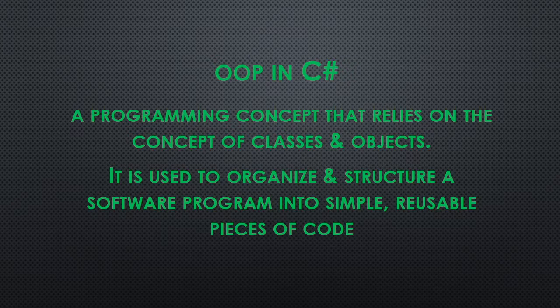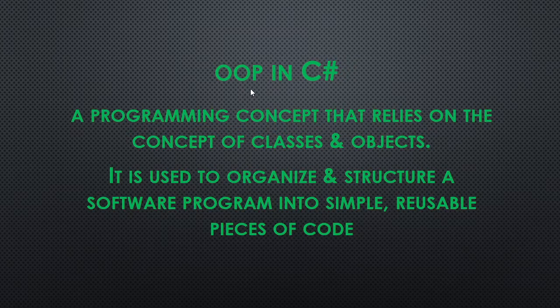Object-oriented programming is used to organize and structure a software program into simple reusable pieces of code. That's why we said OOP is a programming concept and it is a way of writing code.